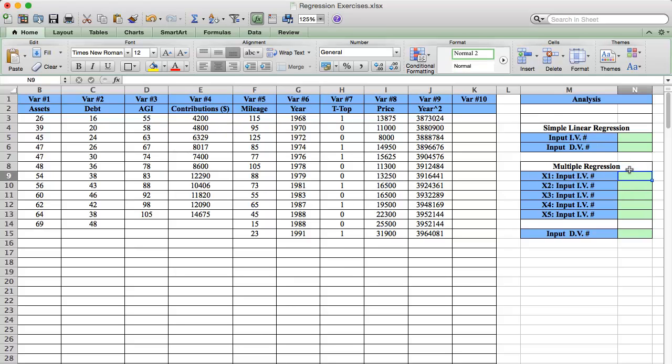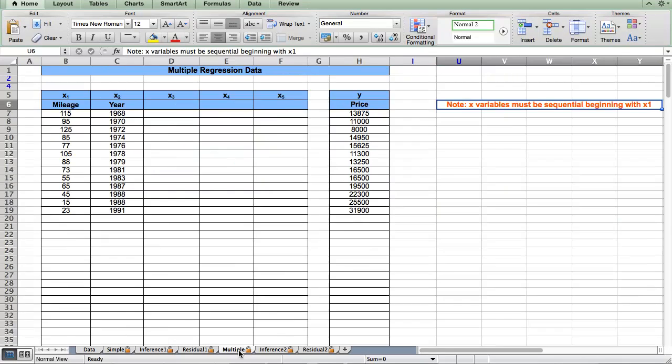So our independent variables would be number 5 and number 6 on our data sheet, and the dependent variable would be price. A quick check of the multiple regression data confirms that we are actually using the data that we intend.